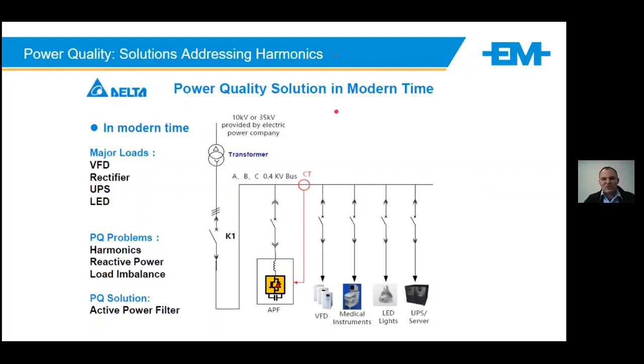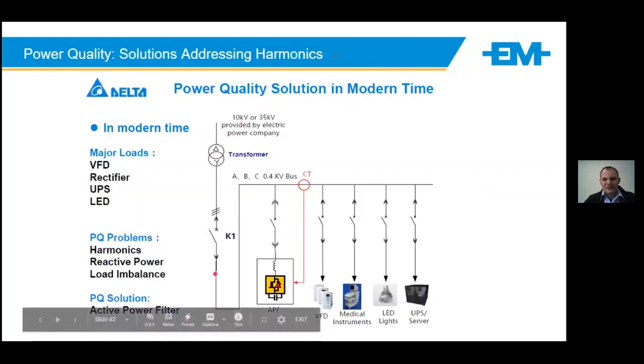Where would this be installed to address this problem? In this example, we have a transformer coming in, main breaker, main bus line, and we have all these equipments that add to the harmonic profile. The CT would measure the requirement, give it to the active filter.